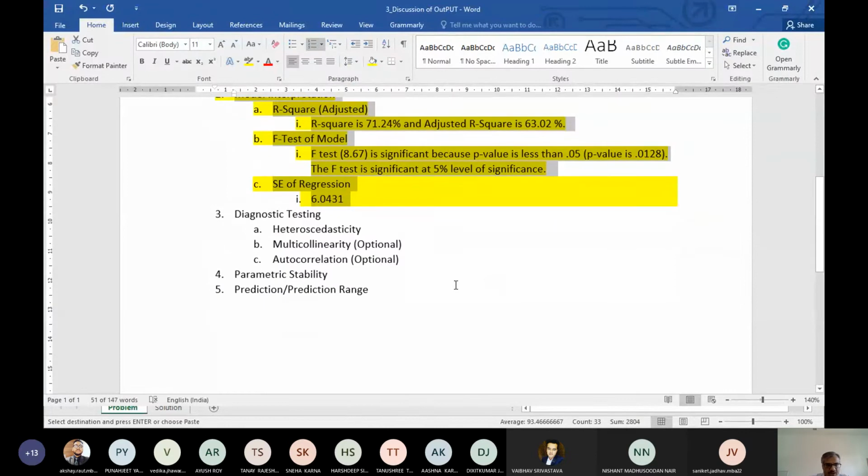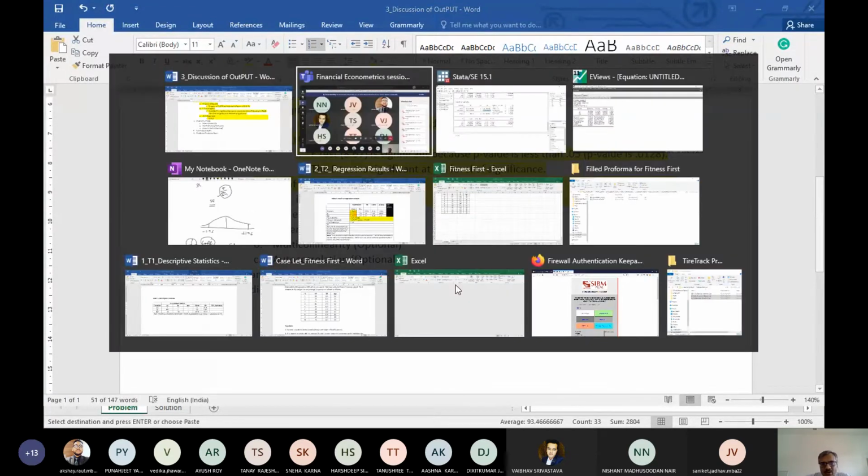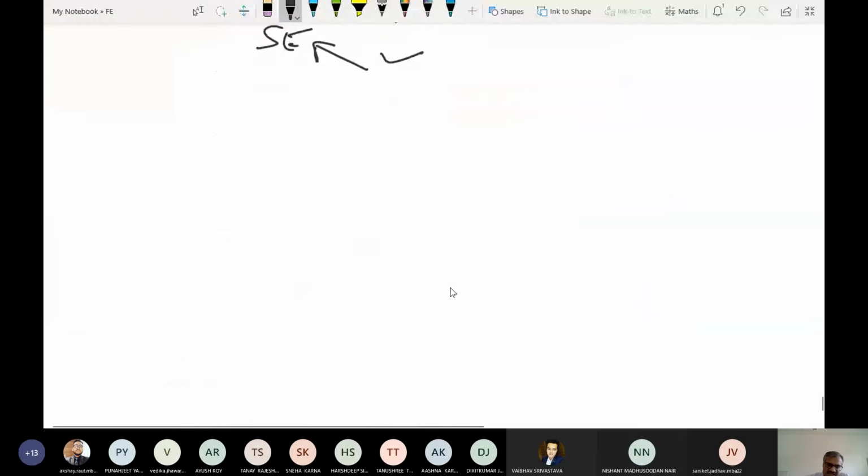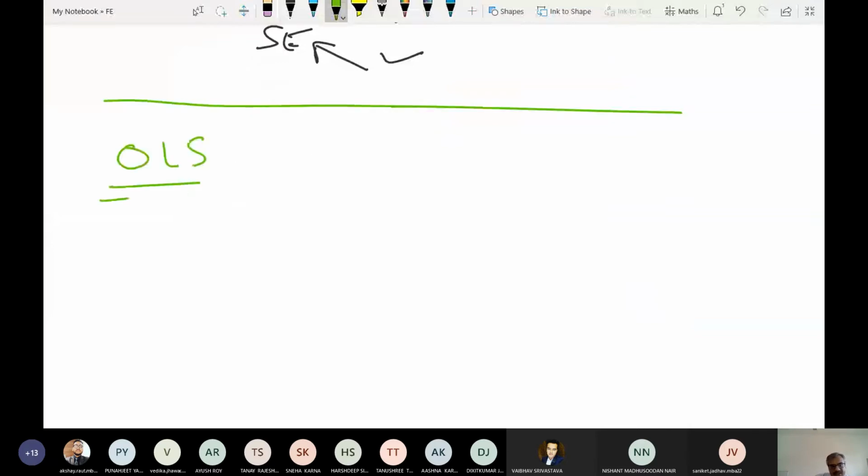Done. So we are moving to the third level of diagnostic testing. If you recall my discussions, we said that the whole estimation of regression coefficients is done with the help of OLS, ordinary least squares, the method we use in estimating the values of beta 0, beta 1, and beta 2 in this situation.